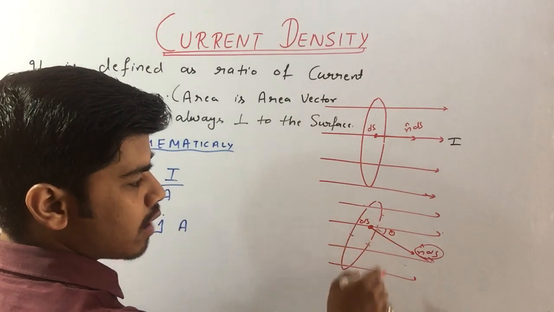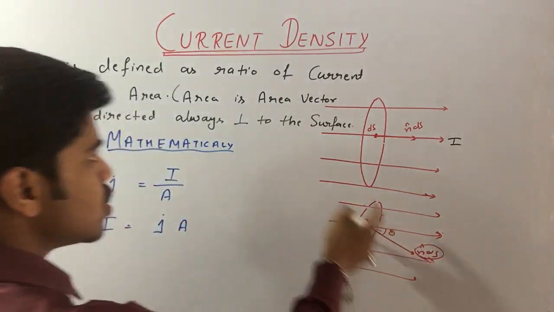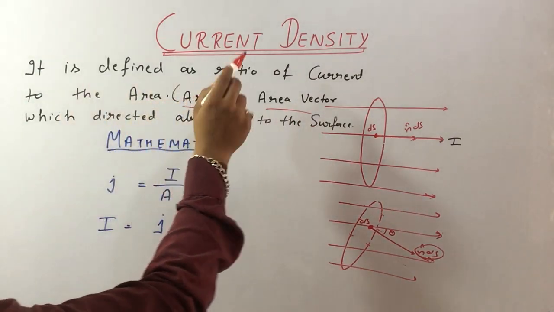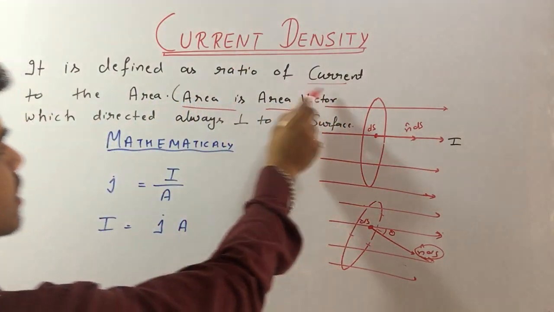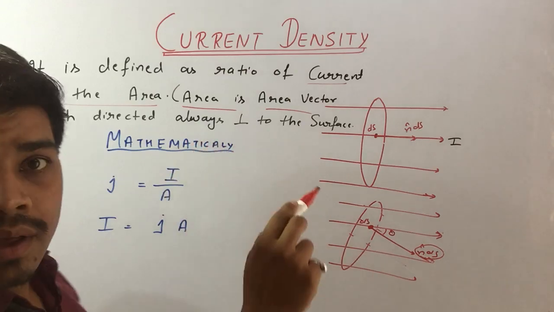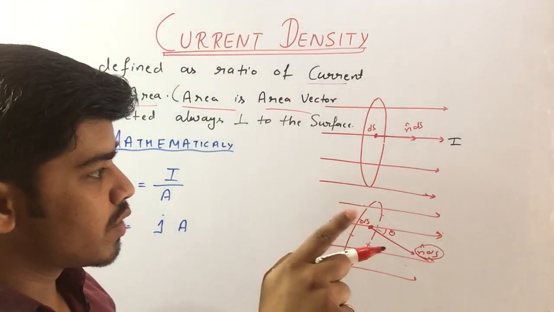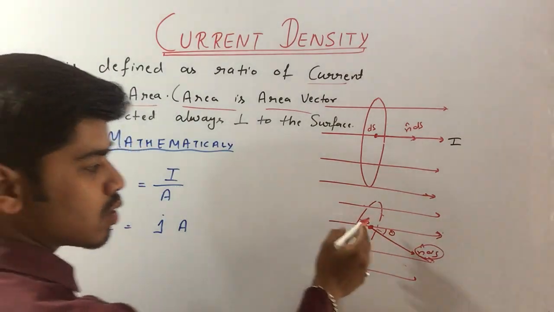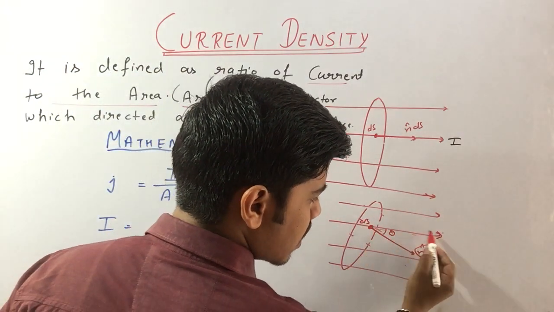But we have to take the normal component, because the current is always threading the area normal to the surface, or always threading this part.